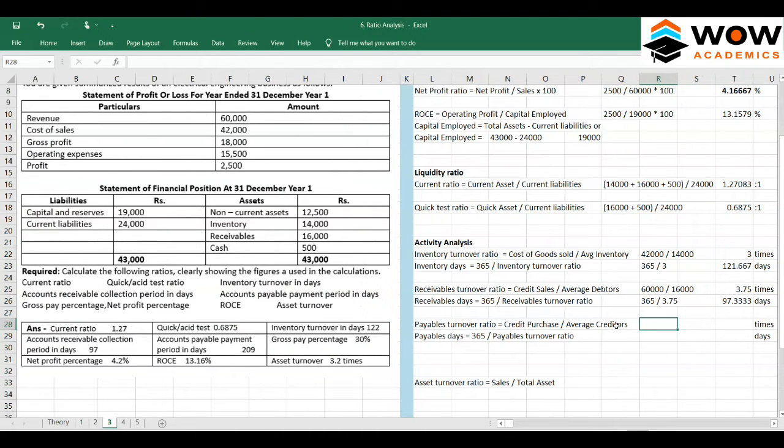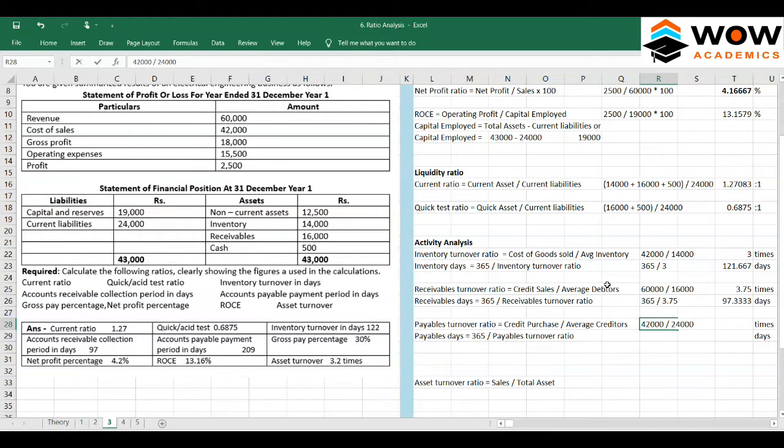So we'll go to the next one. So for a payables turnover ratio, we have to get the credit purchase. If it's not available, you can get the COGS. So COGS is 42,000 divided by the creditors. Creditors we can assume, as there's no other creditors, we can assume the entire current liabilities to be the creditors.